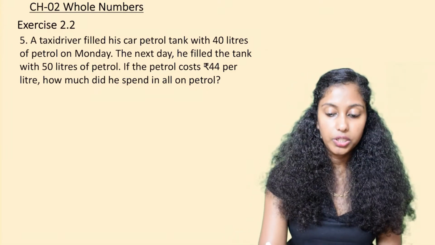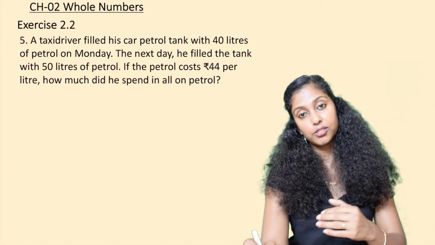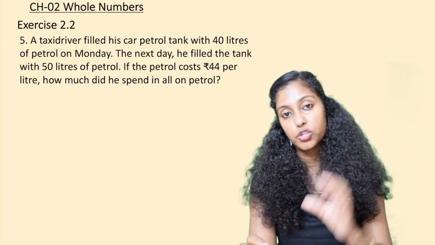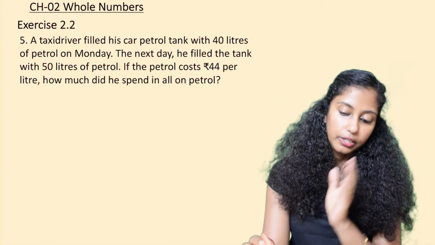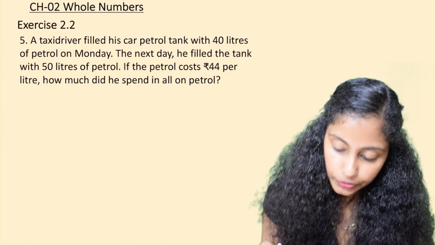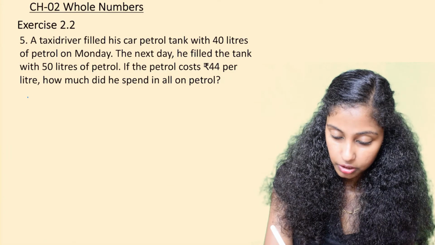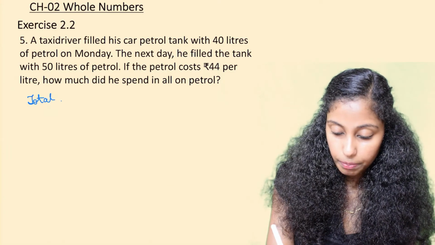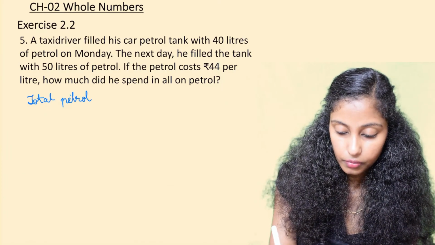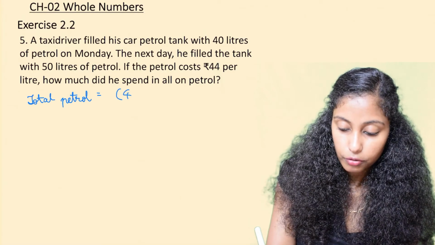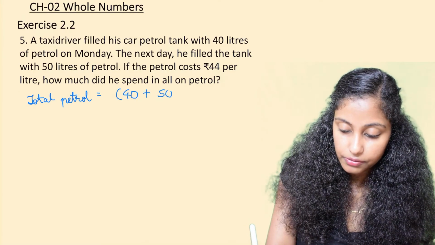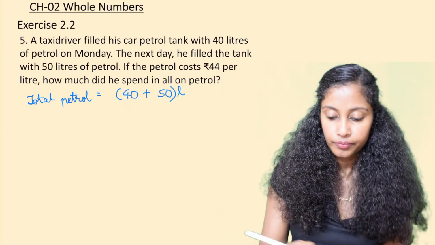So here what we do is we use brackets. We'll frame a question where we use the distributivity property of multiplication over addition. So here we are going to write total petrol is equal to 40 plus 50 liters.